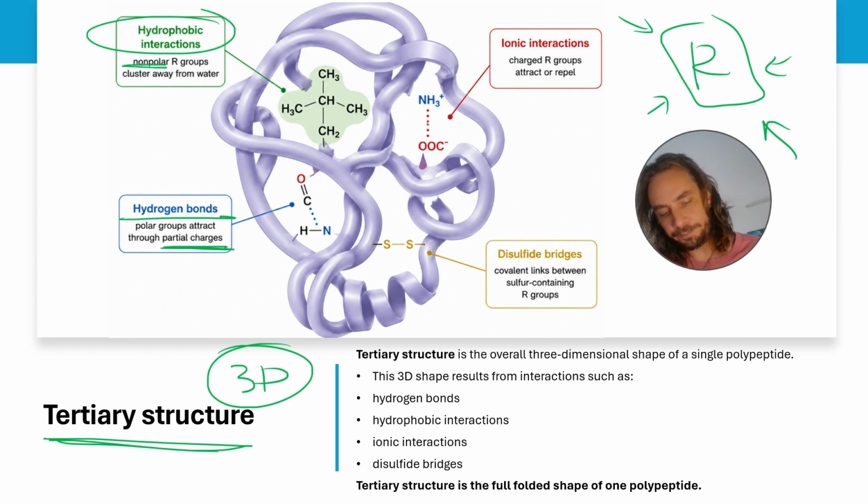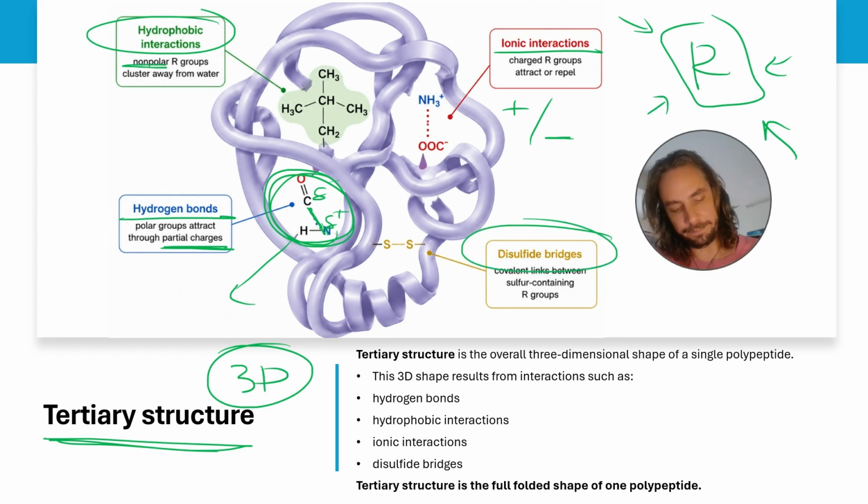So remember, this is like between the backbone molecules. The O is partially negative and the nitrogen is partially positive, so it's going to form a very weak hydrogen bond with each other. Ionic interactions, which is when we have full charges, a positive or negative charge, and also disulfide bridges.